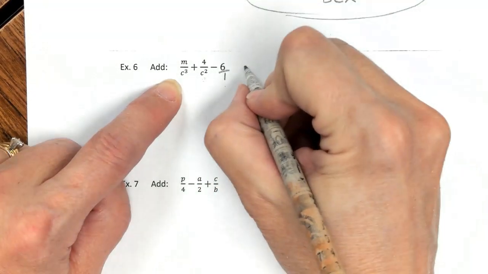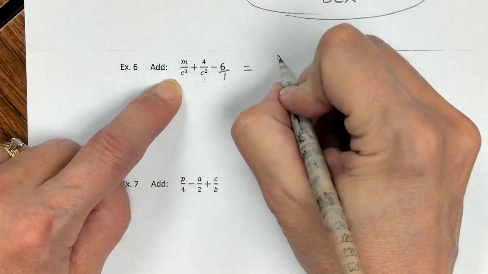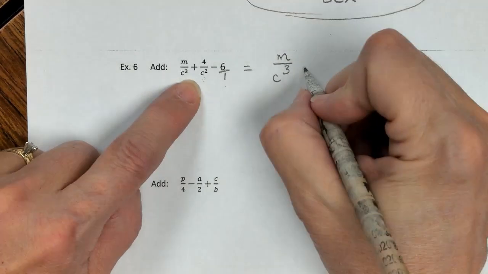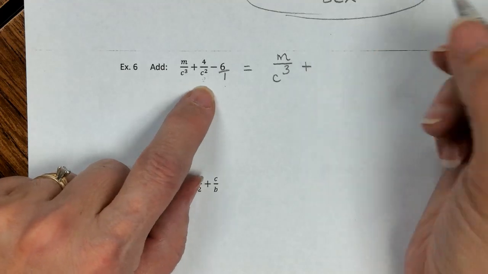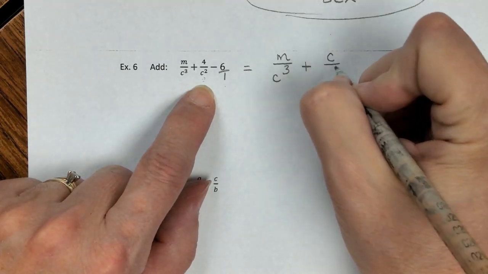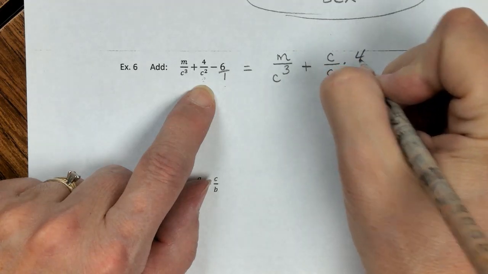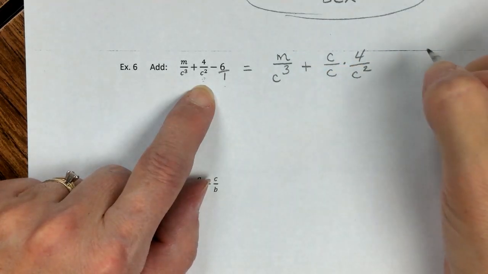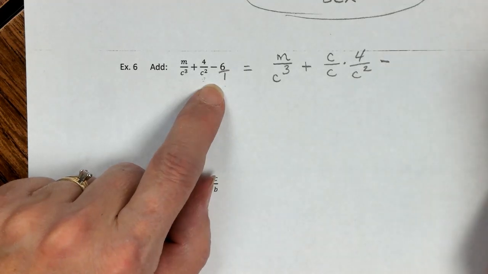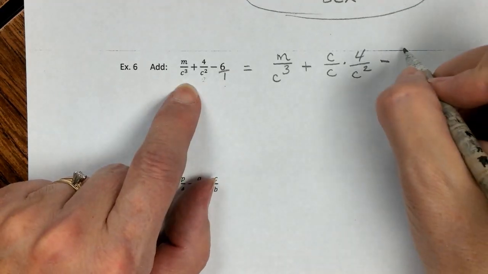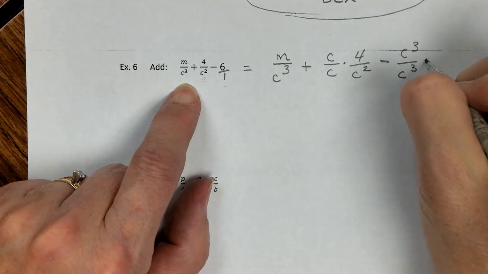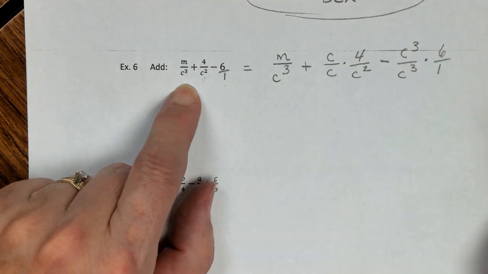The first fraction already has that, so there's nothing we have to multiply times that one. And we say plus. This one has c squared. We need another c. C over c times 4 over c squared. And then we have minus, and all this has in the denominator is a 1. We need c cubed over c cubed times 6 over 1.